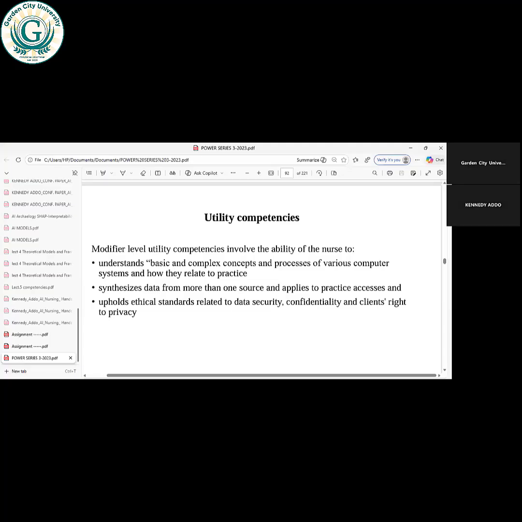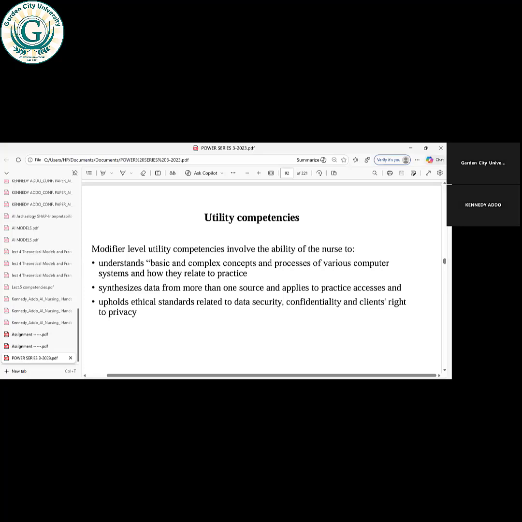You should be able to know the basic features that come with key decision making. Then the complexities, or let's say issues of incompatibilities, you should be able to know all of them and see how they relate to your work or affect your work. Synthesize data from more than one source, it has already been exemplified.